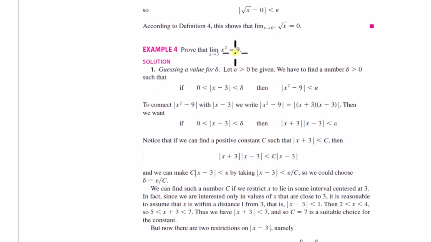3 squared is 9. Okay, but now let's go ahead and prove, based on the precise definition of the limit, that 9 is in fact the limit as x approaches 3 of x squared. So we want to work with the output inequality, and like it says, the goal is to connect the output inequality with the input inequality. But first, the first step is you set up the precise definition of the limit inequalities.